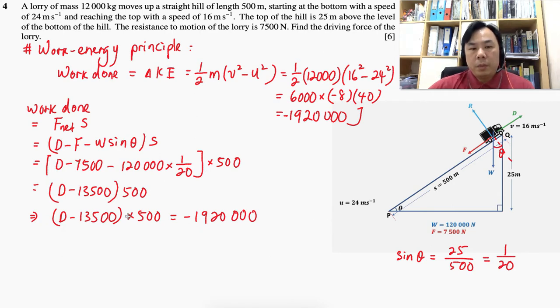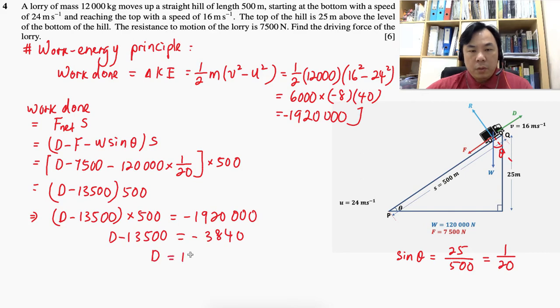So from here, we will be able to obtain D itself. Let me do it slowly. So we need to divide by 500 here. So we have 15 here, 42, 8, 4. So add 4 zeros. So that will actually give us a negative 3840.